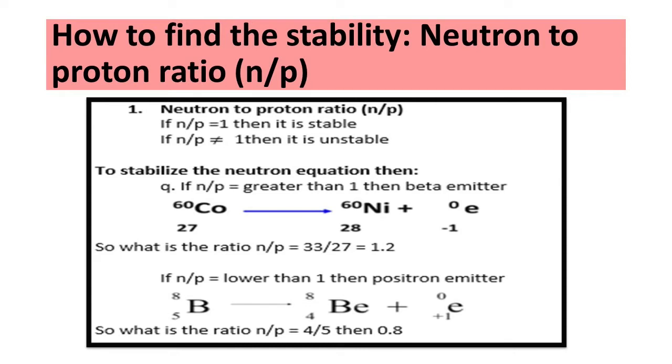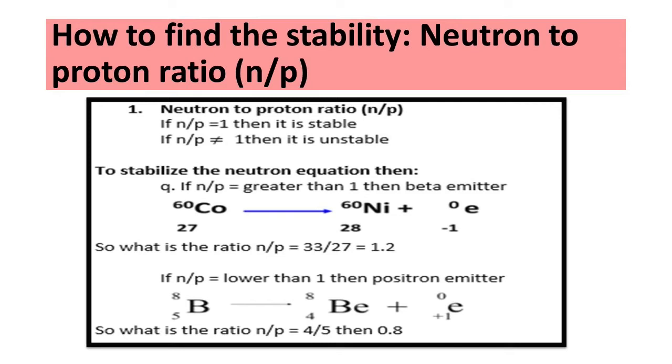So neutron to proton ratio: if neutron over proton is equal to 1, then it is stable. However, if it's not equal to 1, then it is unstable. If neutron over proton is greater than 1, you need a beta decay to stabilize it.